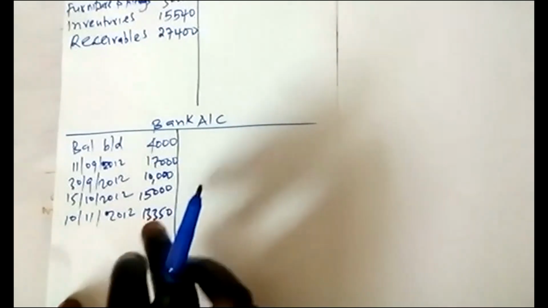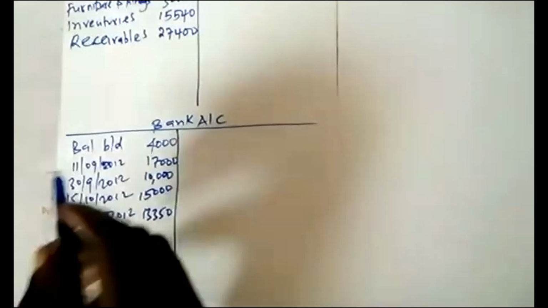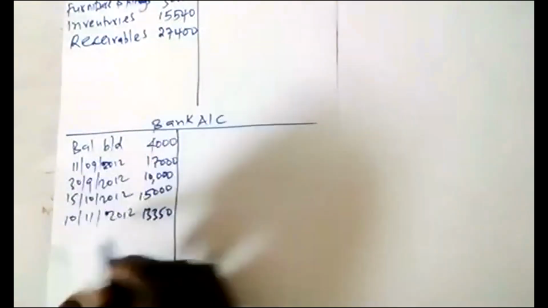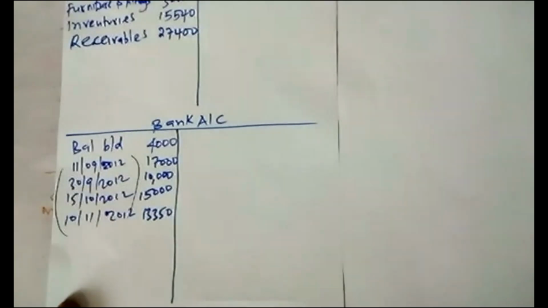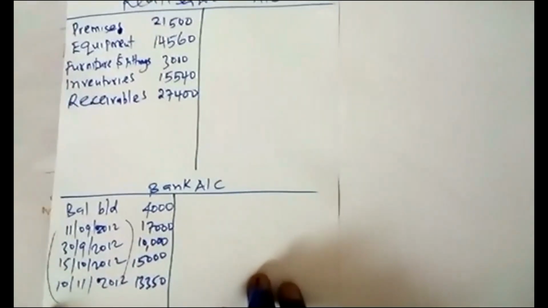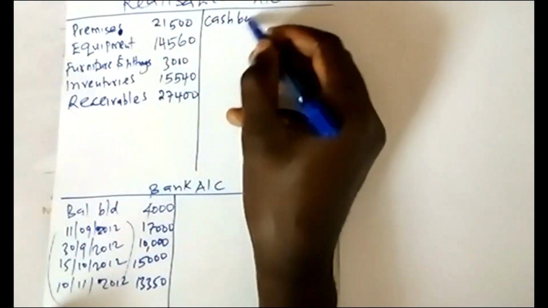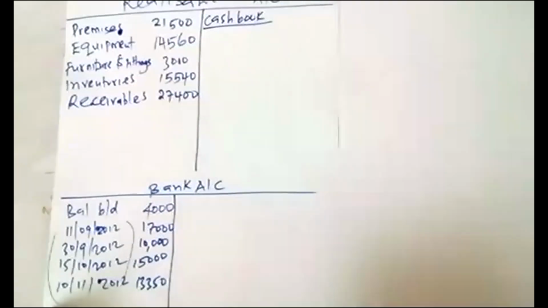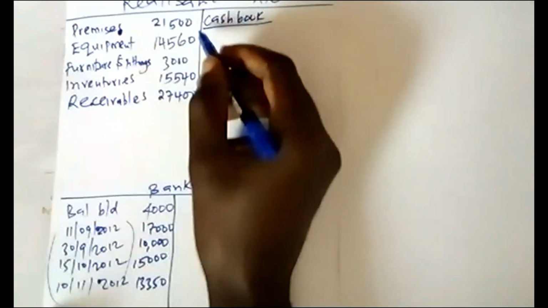So once you debit these realizations which were made, what you do is credit the realization account. You credit the realization account with cash book. So you say 11, so the same.